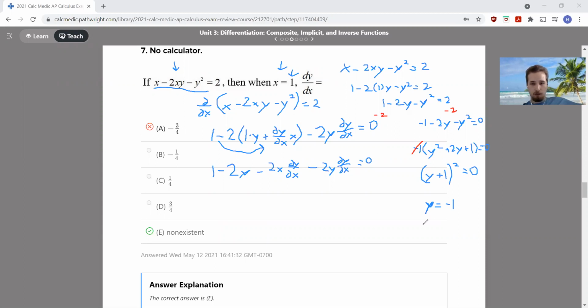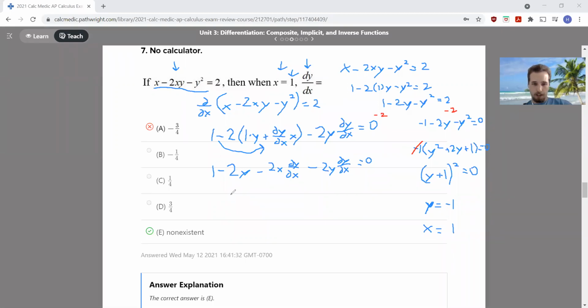Finally, we have x equals 1 and y equals -1. We can plug in and find dy/dx. So let's plug those in. 1 minus 2 times y, so y is -1. Actually, before I do that, I do want to solve for this.